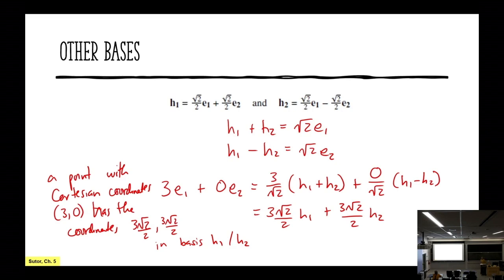Coordinates are relative to the basis you're using. There are times when a change of basis is going to make sense, and it's going to make the algebra and geometry less complicated and easier to understand, and so we'll do it.